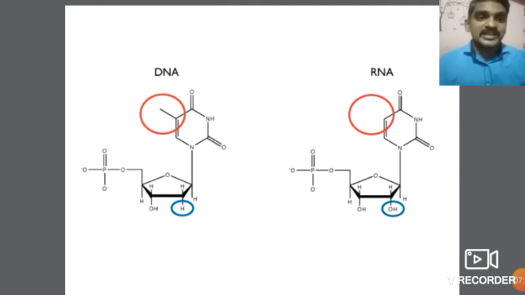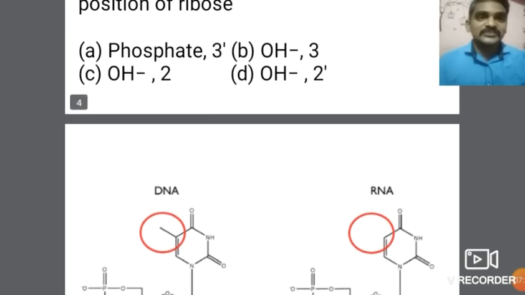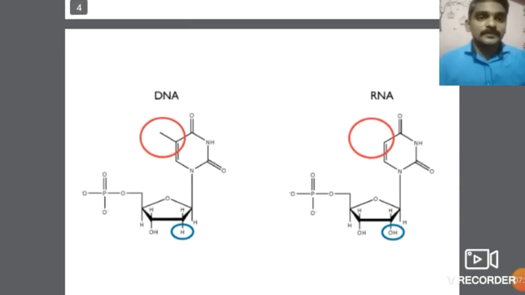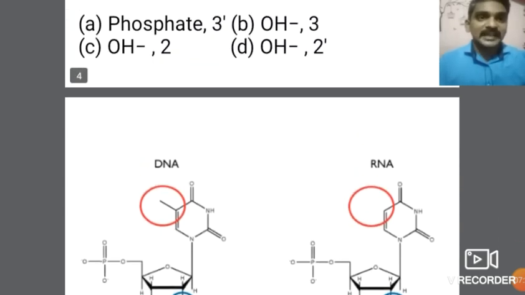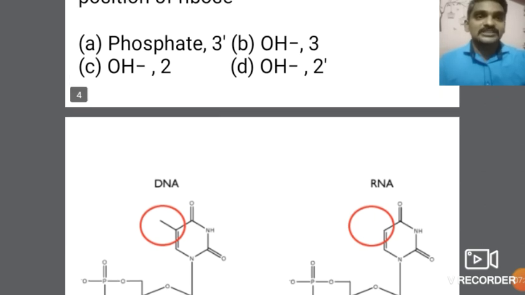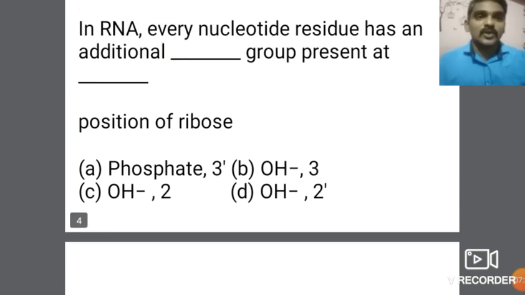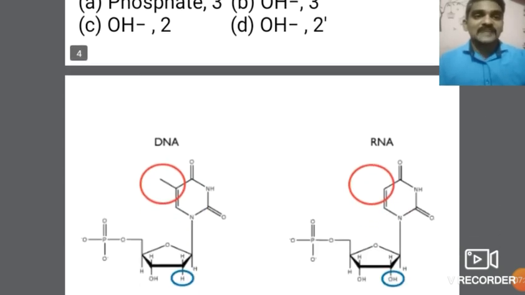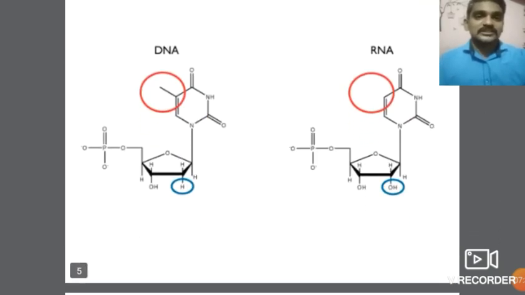So the additional group present here is the OH group, in the second position. So the answer will be D. The OH group present in the second location is called 2 prime. So the answer is OH and 2 prime. That is the difference here.